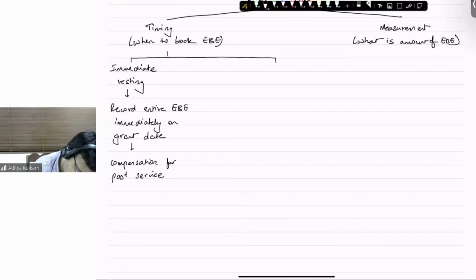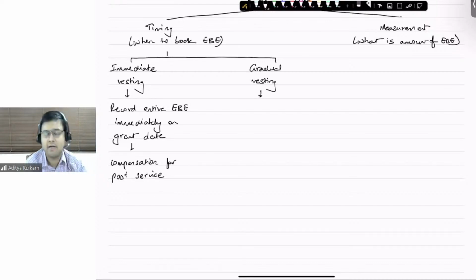In the other case, gradual vesting. Gradual means it happens over the vesting period. So record EBE, record employee benefit expenses. How are you going to record this?